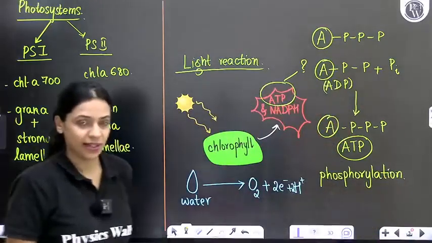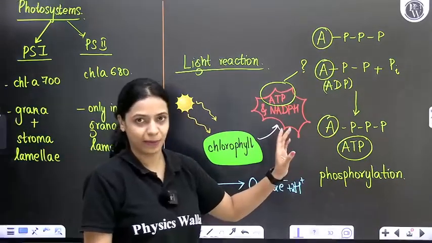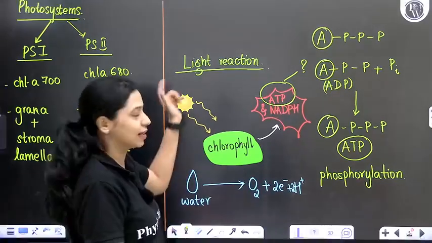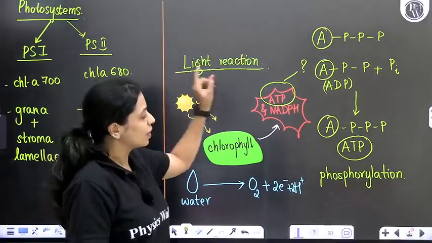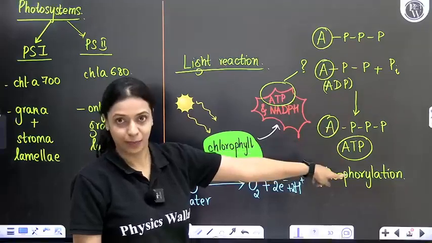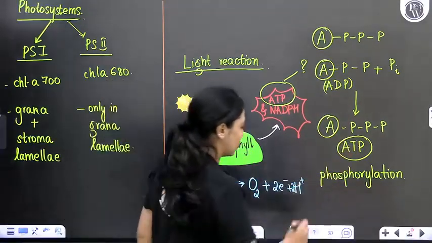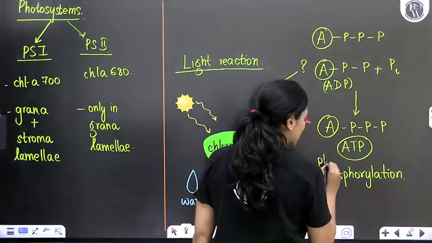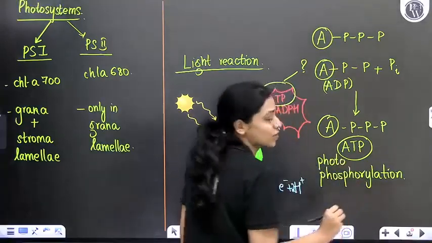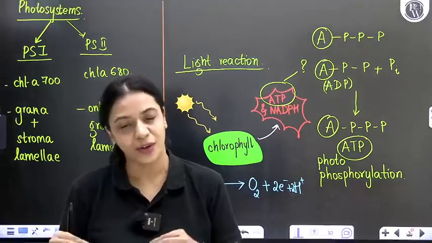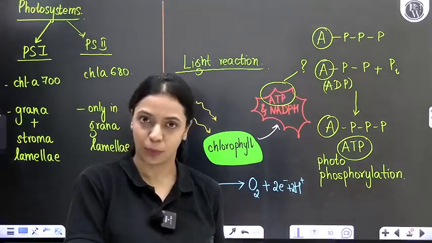During photosynthesis, for formation of ATP, where is the energy coming from? The energy is coming from sunlight, right? So this type of formation of ATP or this type of phosphorylation has a special name. We call it photophosphorylation. We have several other types of phosphorylation which we will learn in the next chapter. ATP forms in the mitochondria, ATP forms even in the chloroplast.